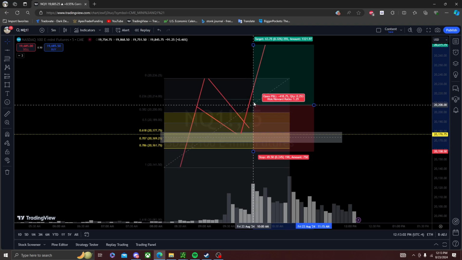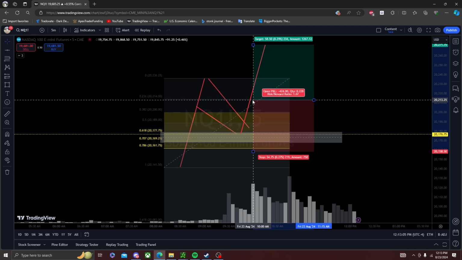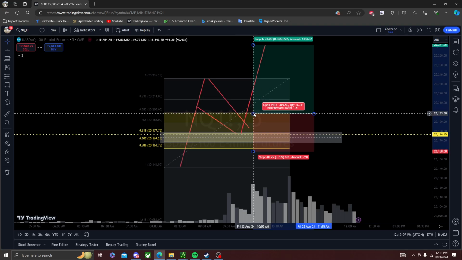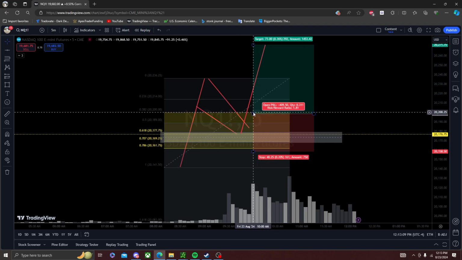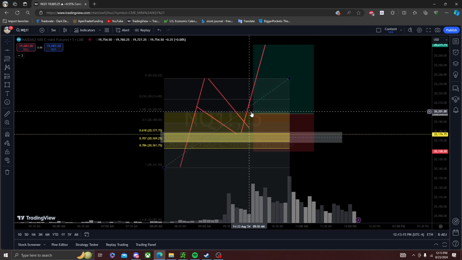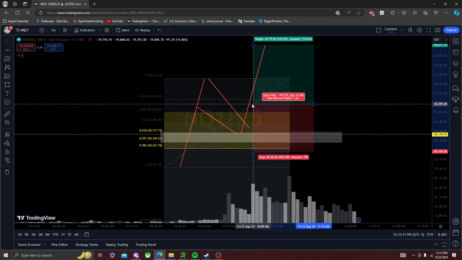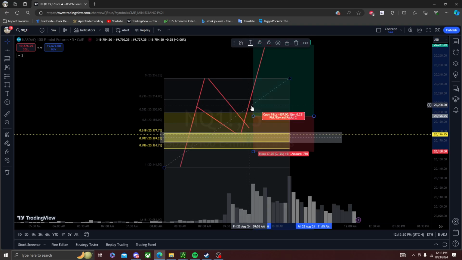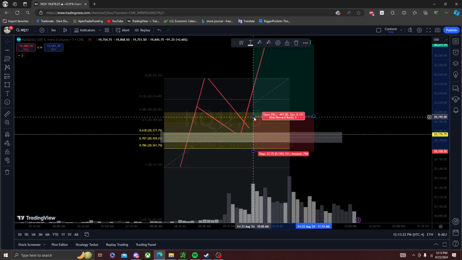We could close pretty much anywhere during this area here, but overall that can be a little bit risky, as we're really unsure if we're going to get a good entry, and if it's even going to allow us to get some type of pullback so we could enter.